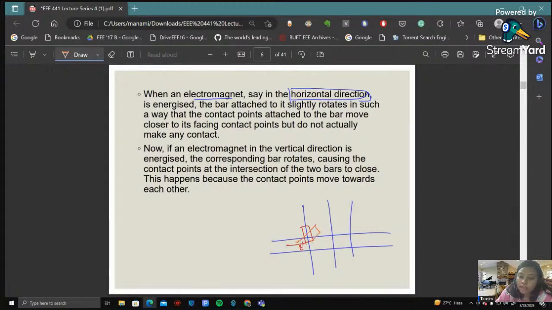Okay, and this happens, and the switching contacts, say it's this and this comes here, but the contacts do not actually make contact, so it comes closer.